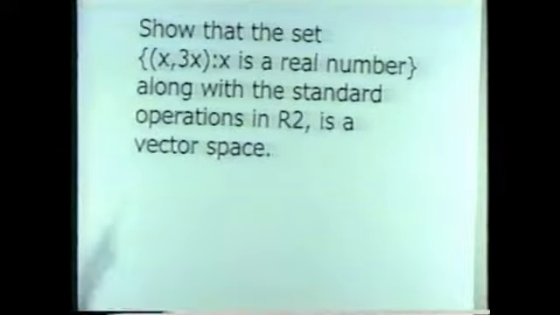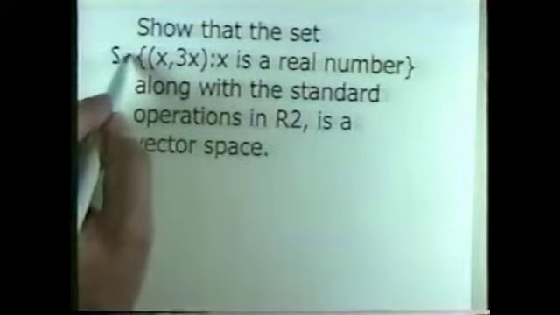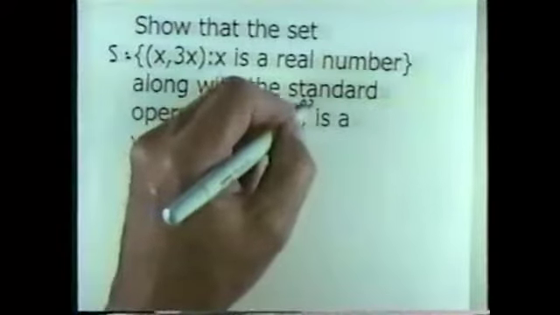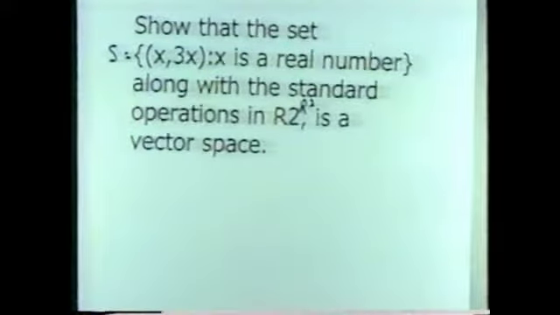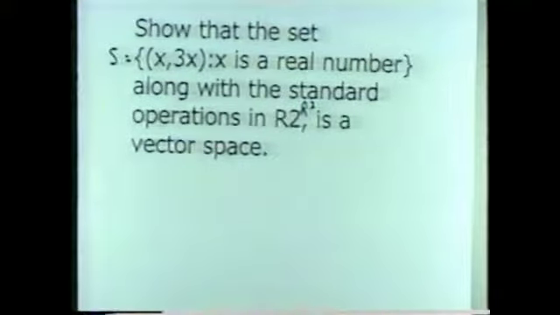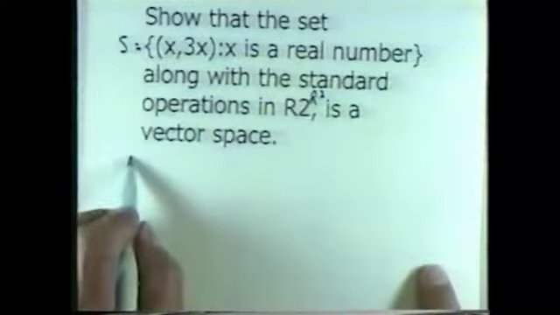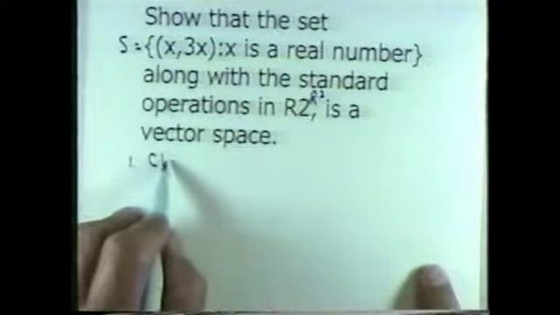Show that the set S is equal to the set of all (x, 3x), such that x is a real number, along with the standard operations in R2, is a vector space. Well, in order to do that, we've got to show all 10 properties. So we start with closure.